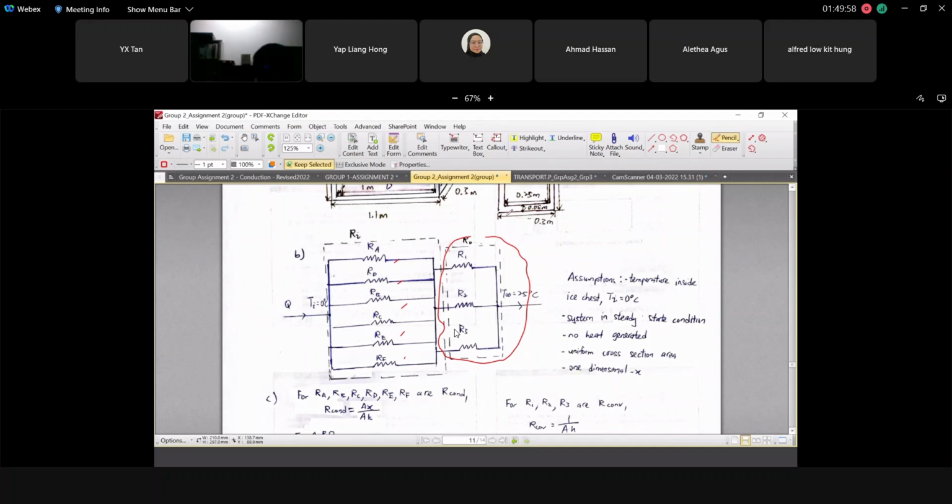Also, why these two become 1? Actually, we prefer something similar to the group 3 one, but at that time we were quite confused, so we did it like this. But what we wanted to do is similar to group 3. Okay.